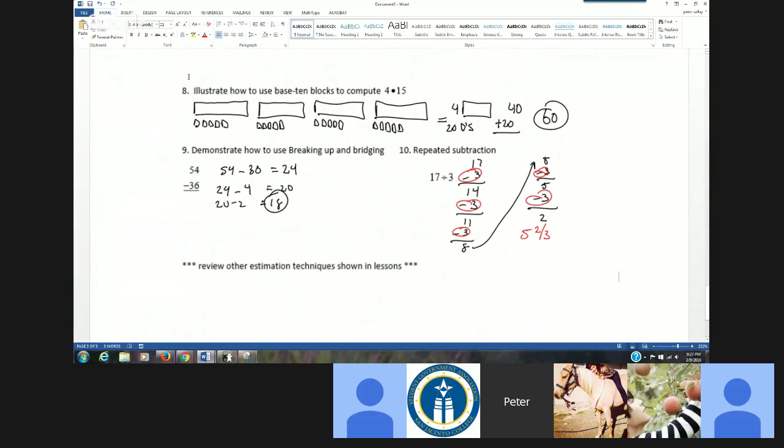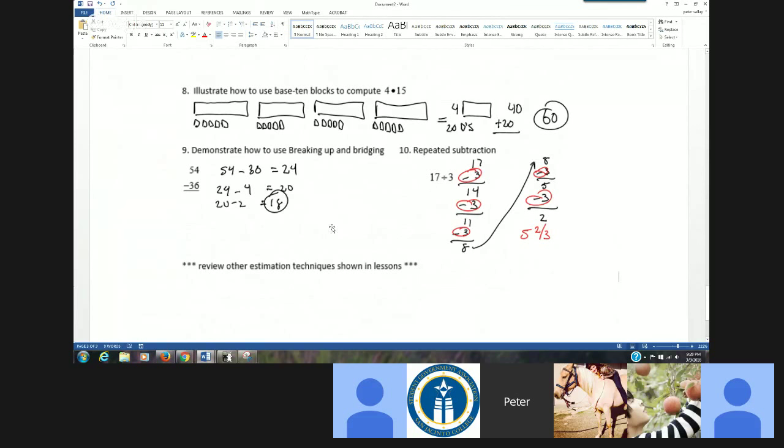So in number 8, I'm going to give you two numbers, and I'm going to have you use this illustration method of how you would break up base 10 blocks. I figure if you can't answer it now on a test, you're going to have a hard time as an elementary school teacher. But anyways, you just diagram it somehow, and then I'm going to bring up breaking up and bridging, and I'm going to bring up repeated subtraction.